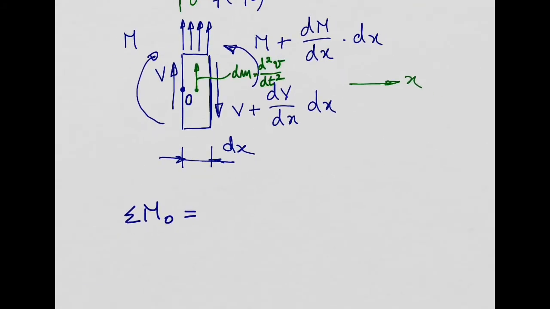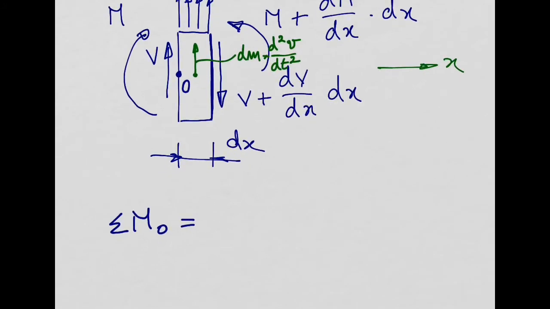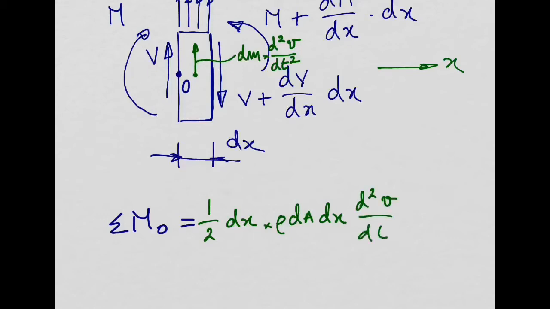So the summation of moments about point O needs to be equal to the moment produced by this inertia force in green about point O. And that moment is 1/2 dx, the distance in the perpendicular direction to the line of action of the force, multiplied by the force, which is dm, rho, the density, times the area of the cross-section, times dx, times the second derivative of the deflection in order to time.